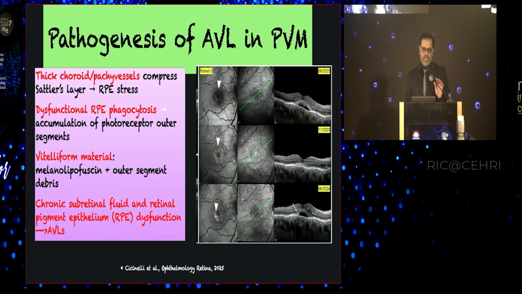Coming to the pathogenesis, there is a thick Haller's layer with the pachy vessels, and they tend to compress the choriocapillaris, leading to RPE stress. This leads to dysfunctional RPE regulation, leading to accumulation of photoreceptor outer segments. And this, along with the melanolipofuscin, gives us vitelliform material.